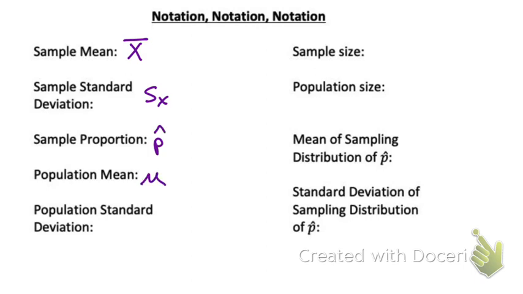Mu. What is the population standard deviation? Sigma. What is the sample size? Little n. What is the population size? Big N. How do you notate the mean of the sampling distribution of P hat? Mu sub P hat. How do you notate the sampling distribution standard deviation? Sigma sub P hat.